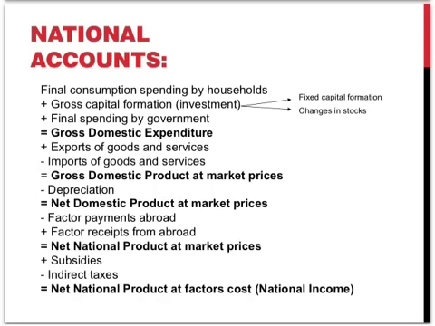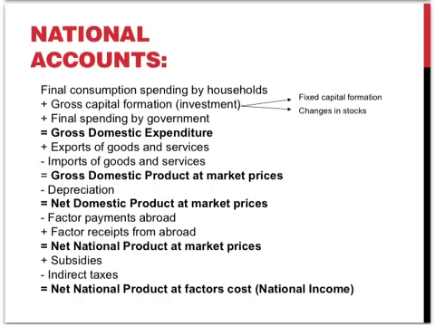Then if you go and subtract depreciation, it gives you the net domestic product at market prices. Now you need to take account of factor payments. So you subtract the factor payments made to factors that are abroad, and you add on the factor receipts that South African factors of production earned abroad. This gives you the net national product at market prices.